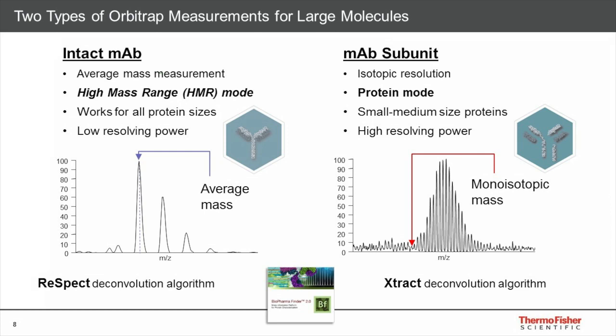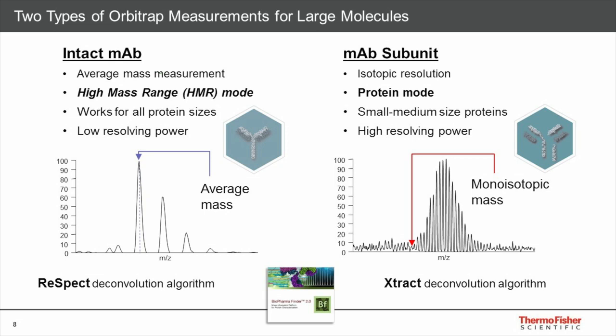So when we generate this kind of data, we actually use the ReSpect deconvolution algorithm. So this represents one workflow here. On the right-hand side, the subunit analysis or subunit workflow. In this case, we would use protein mode. We would generate data which is isotopically resolved. This is really specifically for small to medium-sized proteins. So in full disclosure, there is a mass limitation on getting this kind of data. And as you jump over that mass limitation, this would be different for a Q Exactive Plus, a QE Plus, or a QE HF.